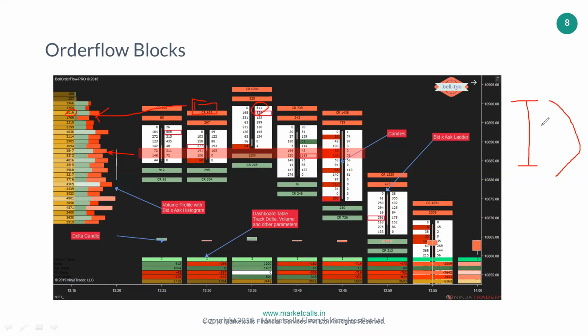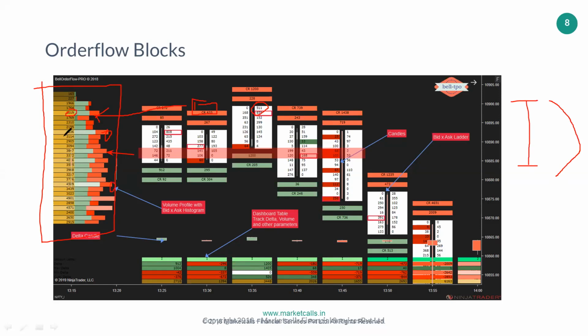I'll show you once we complete the order flow blocks how the volume looks for each and every day, tracking only that particular day. For example, you can see the maximum volume is over here, and a bigger volume is over here.